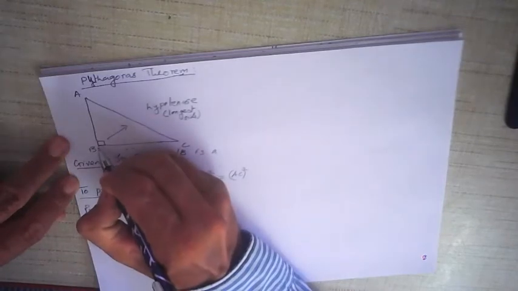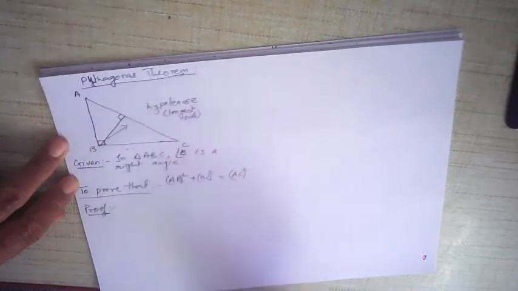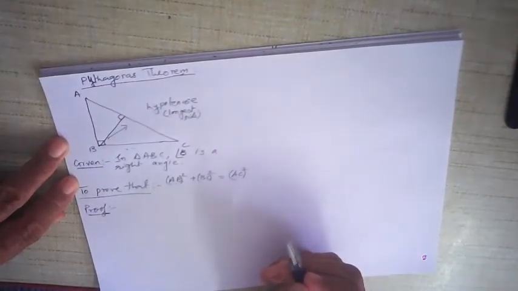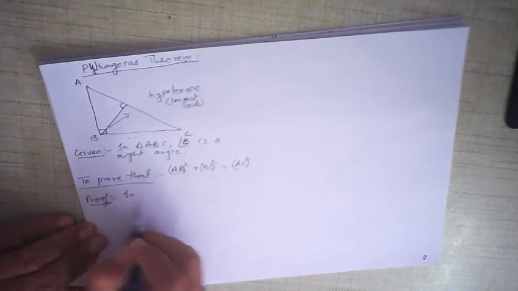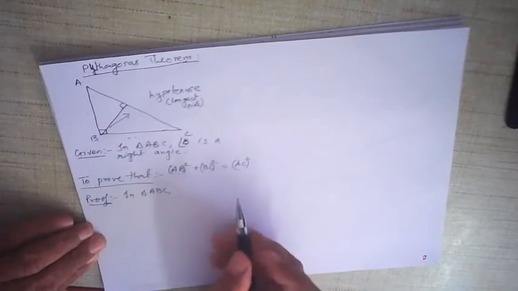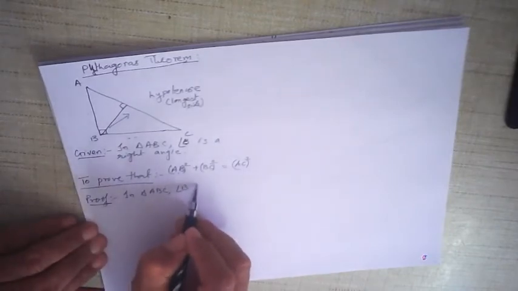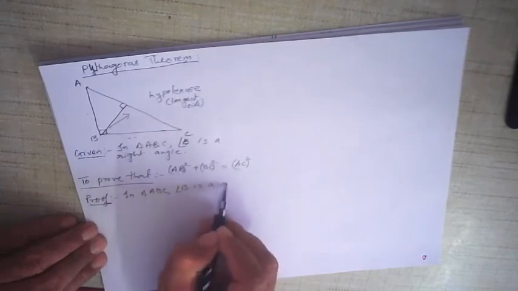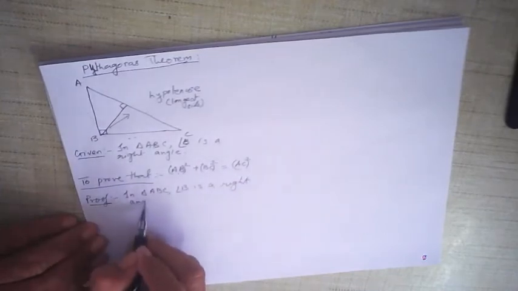Alright, so for this I draw an altitude. We start with what is given. In triangle ABC, angle B is a right angle. This is given to us.